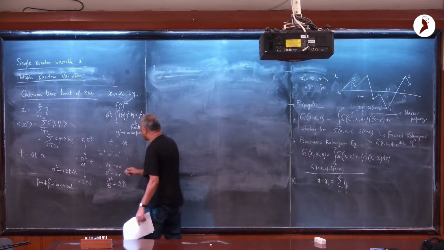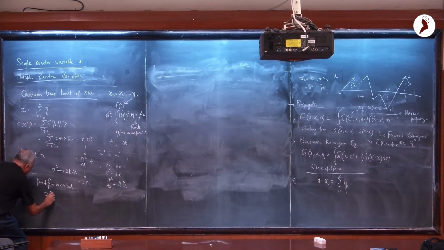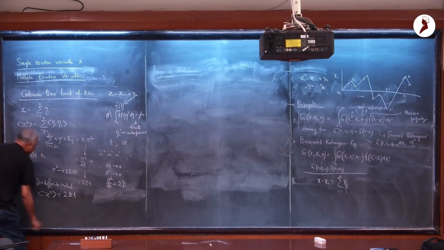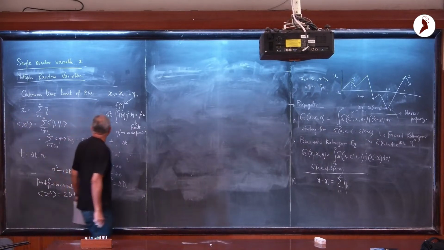So the average of x squared goes like 2Dt in this continuum limit, and this is the famous diffusive law of Einstein.